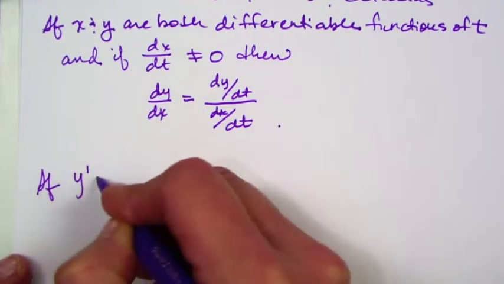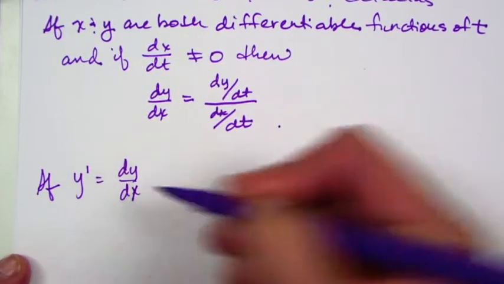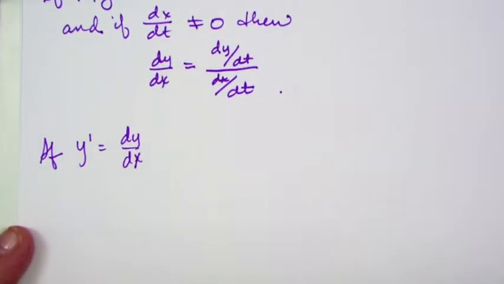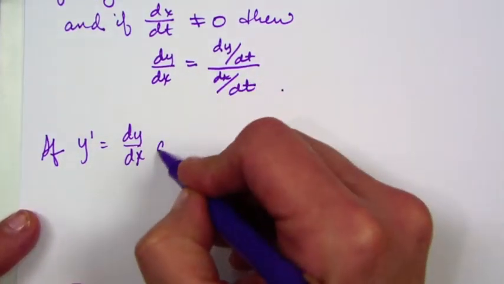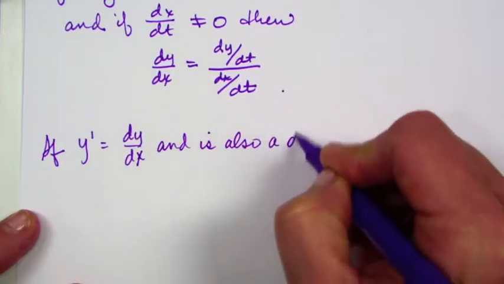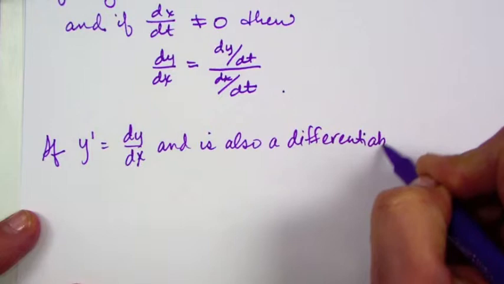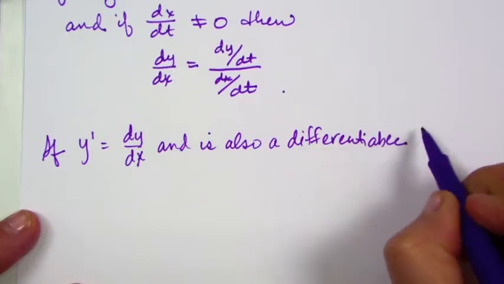If y prime equals dy/dx, okay, so we're going to give dy/dx a different name. We're going to call it y prime. And it is also a differentiable function of t.